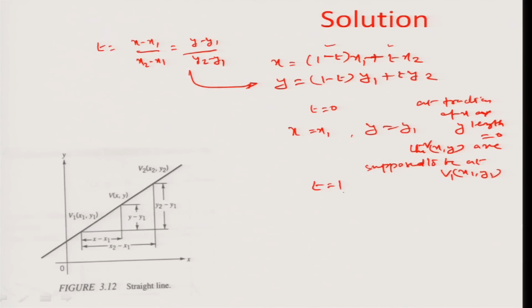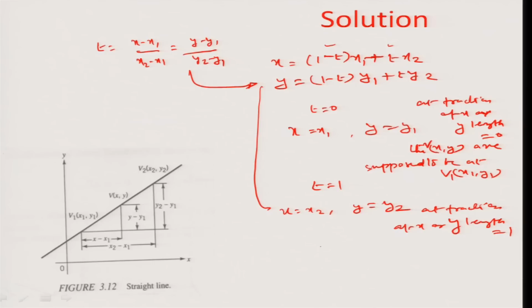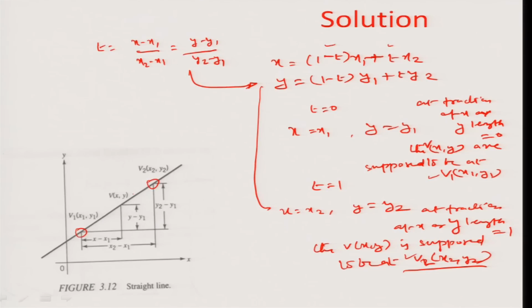Similarly, if t equals 1, x becomes equal to x2 and y becomes equal to y2, which means that at fraction of x or y length equal to 1, the point xy is supposed to be at x2 y2. So the point really moves between the initial point and the final point corresponding to t equal to 0 and t equal to 1.